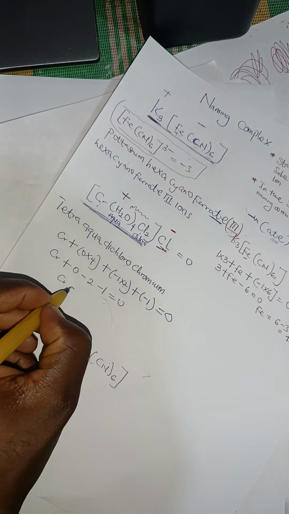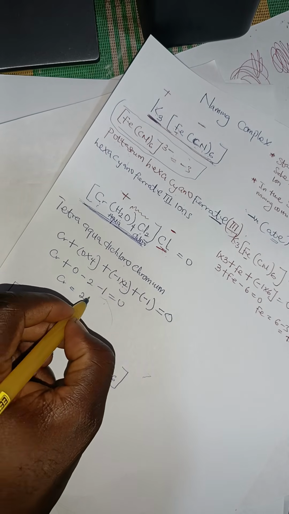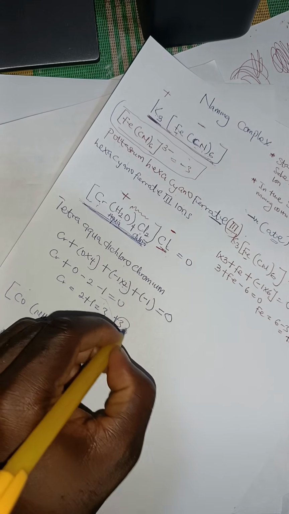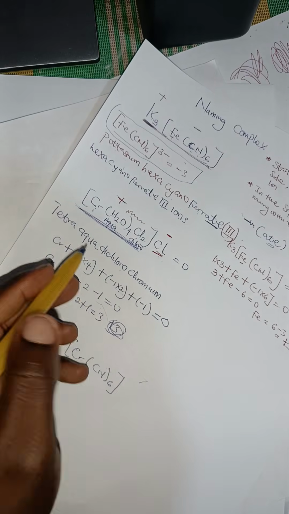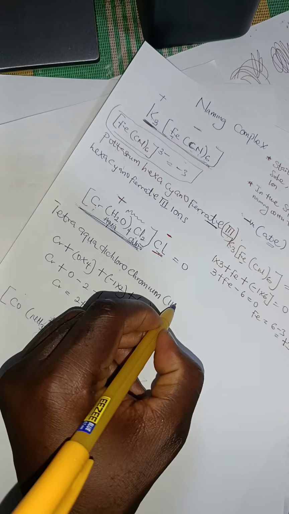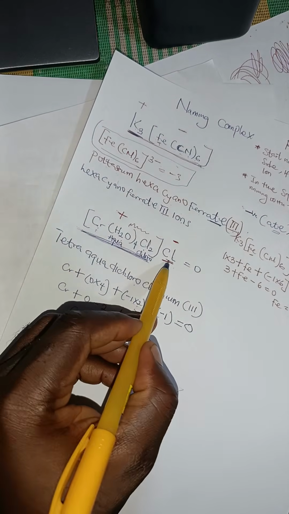So we have Cr equals 2 plus 1, which is what? 3. So it is plus 3. So I can write tetra aqua dichlorochromium(III). Now I'm done with the whole of this, so I can move to this one.